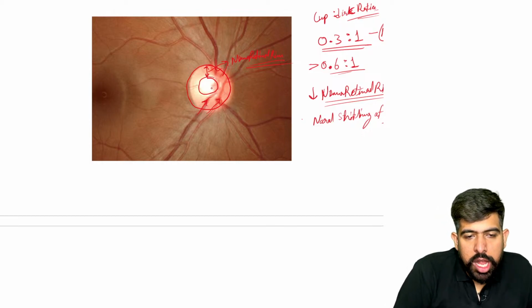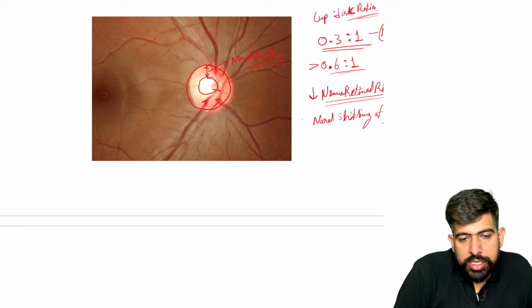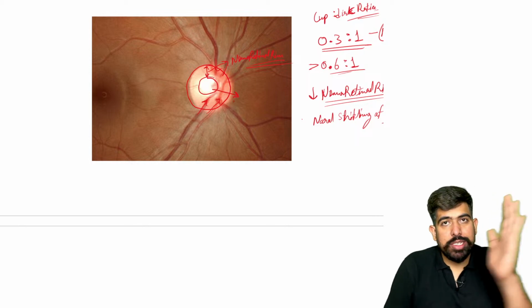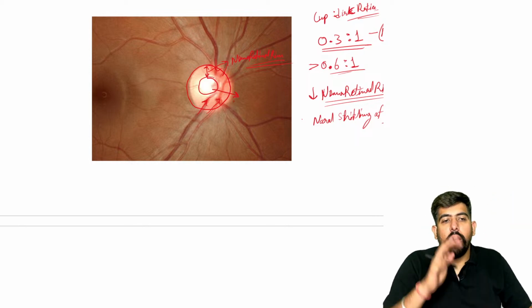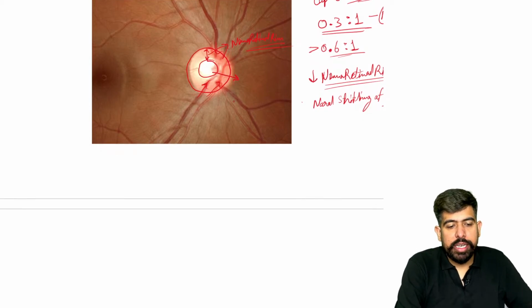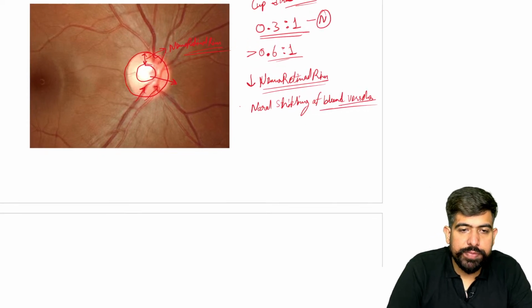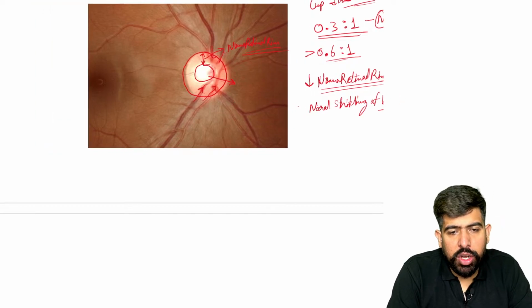So you can see what will happen. All the blood vessels will be shifted to this side of the disc. All three of these things should be present in the patient with glaucoma, right?